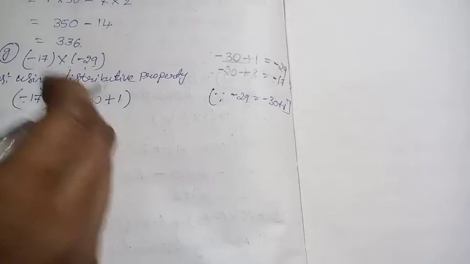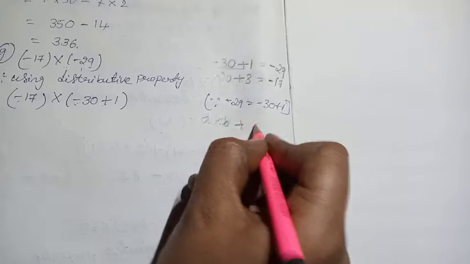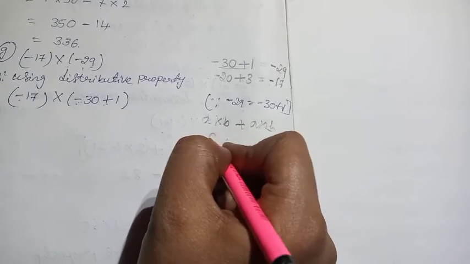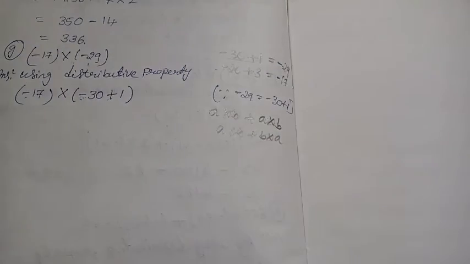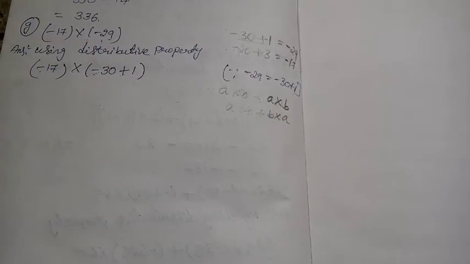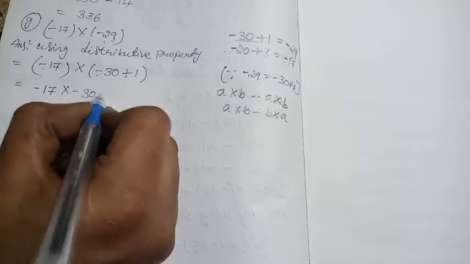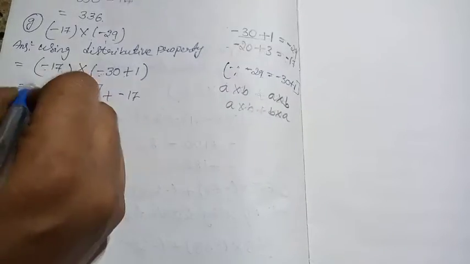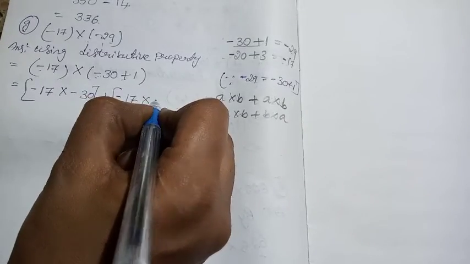You can use a into b plus a into b, same like a into b plus b into a, you can use. Both are the same, I told you. That I am going to apply here. So I am going to take minus 17 into minus 30 plus minus 17. This is one term, a into b, I am going to take it. Minus 17 into what is there here?